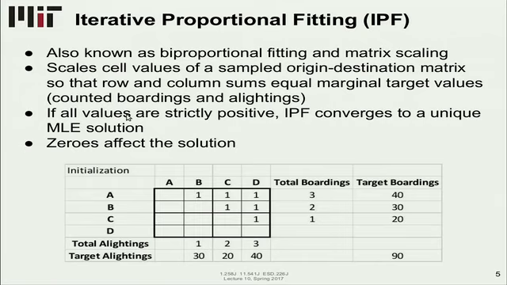It has been shown that if all the values provided in the matrix are strictly positive, and here I am excluding what we call structural zeros, so all the cells in which people could actually be traveling.